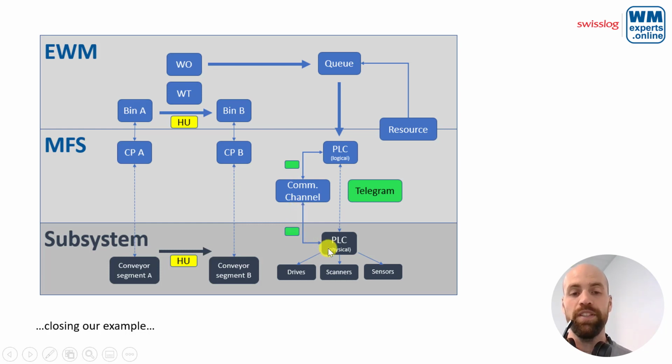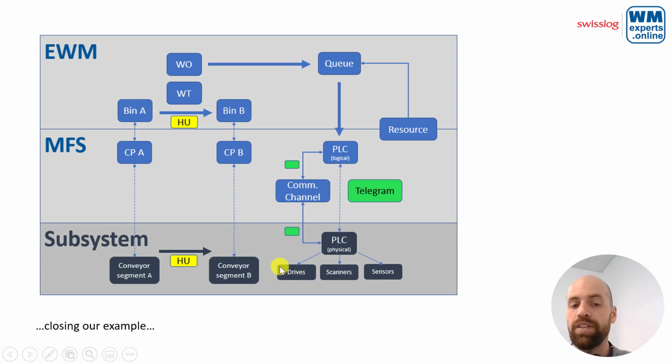On the physical PLC, in the memory of the CPU, there's a program sitting, which is interpreting this telegram, this data string coming from EWM, and it understands, okay, I have a source and a destination in this data, and EWM wants me to move an object from this conveyor segment A to conveyor segment B. And then the PLC has some outputs that it controls, so it switches on some sensors and some drives.